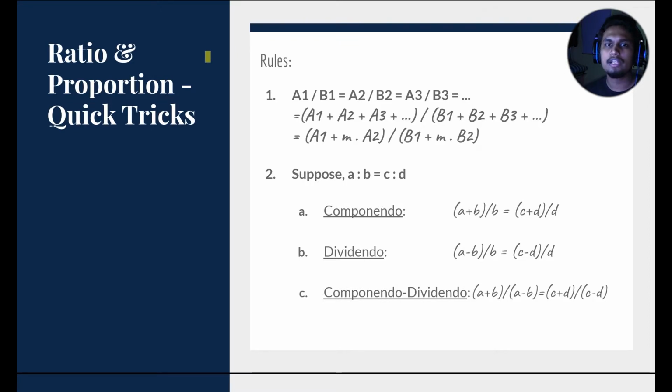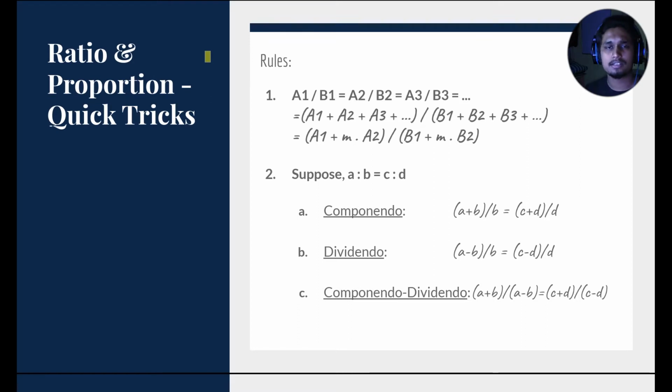The first rule is related to ratios, that is a by b. Suppose the value of a is a1 and the value of b is b1, and we are considering the ratio, so that will be a1 by b1. That fraction will be equal to a2 by b2 and a3 by b3.